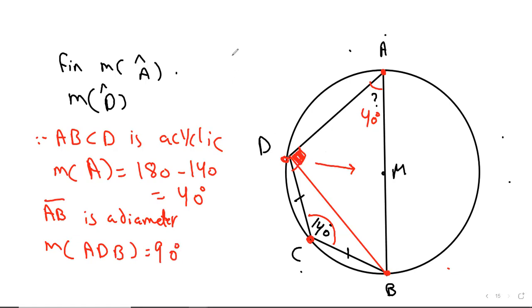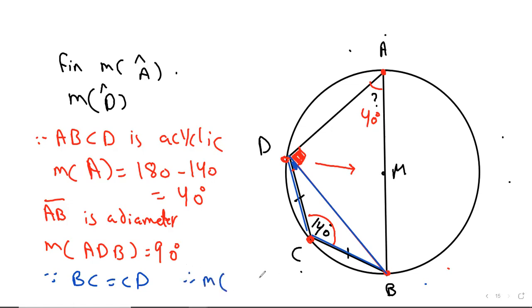But I want to get this angle here. If we look at this triangle, it is an isosceles triangle. So we have 140, and to get this angle, just subtract 180 minus 140, divided by 2. Since BC equals CD, this triangle is an isosceles triangle.